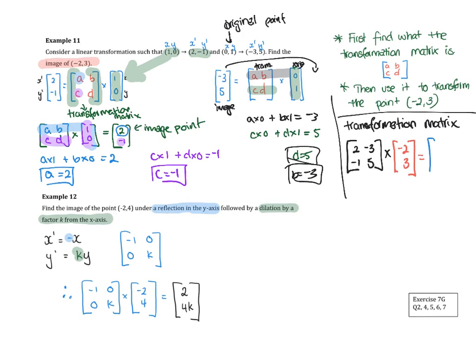Remember, just to help you, we're going to go run and dive. So it'll be 2 times -2 plus -3 times 3.